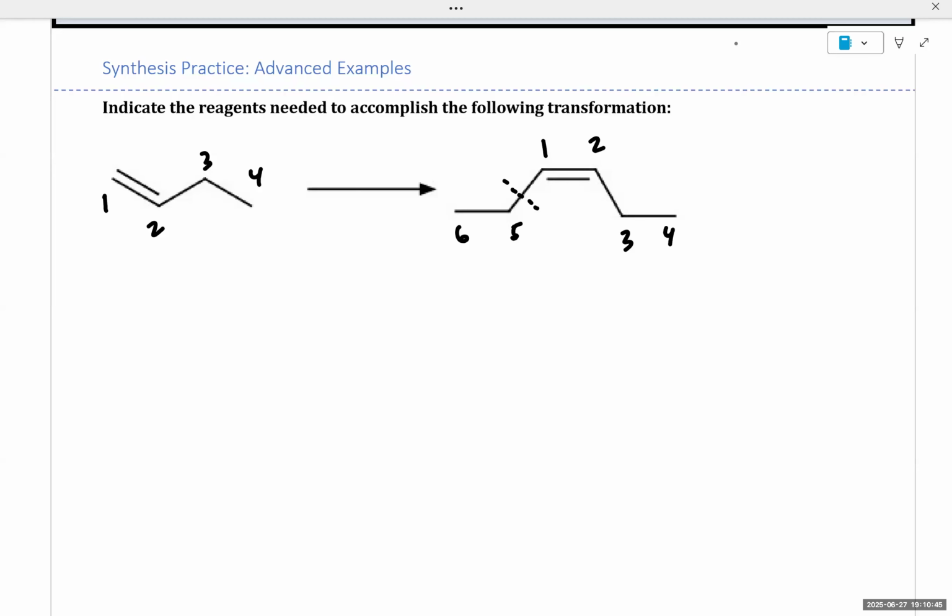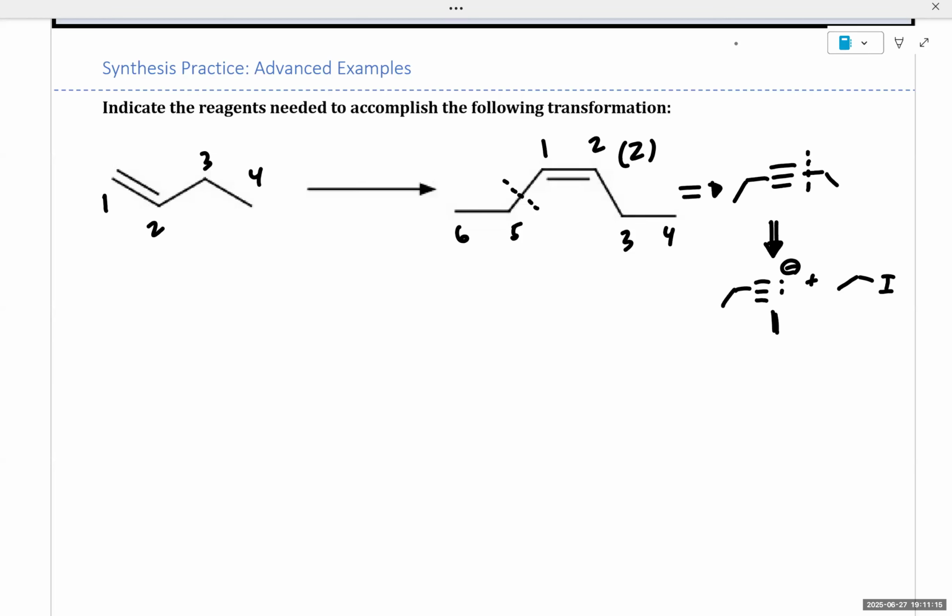So what I'm going to do is derive this Z alkene from the corresponding alkyne. From here, this alkyne can be prepared via alkylation. And of course, how do we make this alkyne?